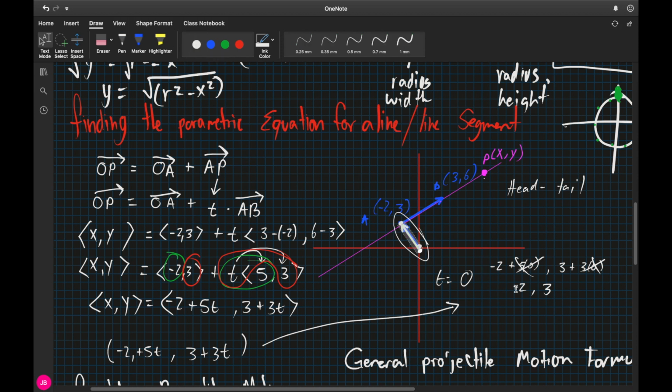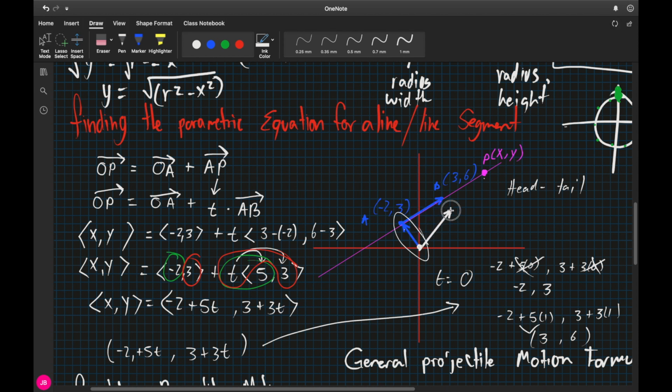And if I plug in 1, watch this. If I plug in 1, -2 plus 5 times 1, comma 3 plus 3 times 1, here I'm going to get -2 plus 5 is 3, and 3 plus 3 is 6. I'm going to get my value of B. And if I was to plug in a number like half, then I would get the point that is right between the two.